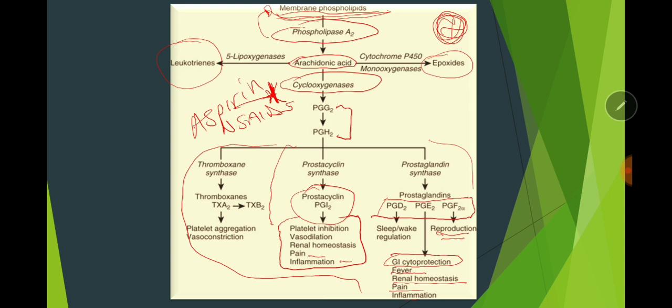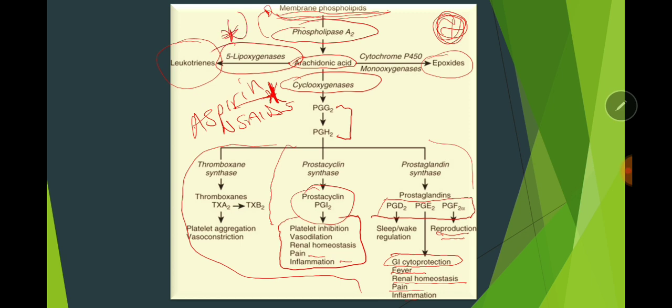Now, if you block the arachidonic acid breakdown, you can block the immediate effects of mast cell degranulation. Some of these drugs, such as aspirin and non-steroids, do not block lipoxygenase.